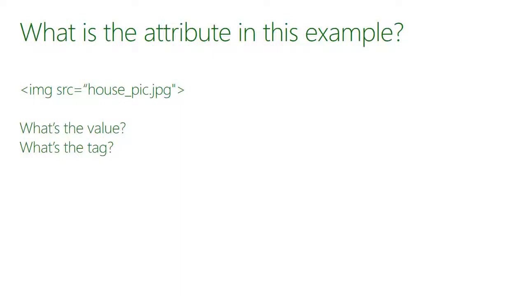Okay, so src is the attribute in that particular example, and what would the value be? The value is obviously house_pic.jpg, and then the tag is img.